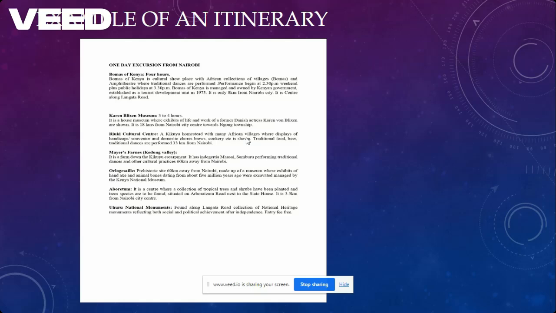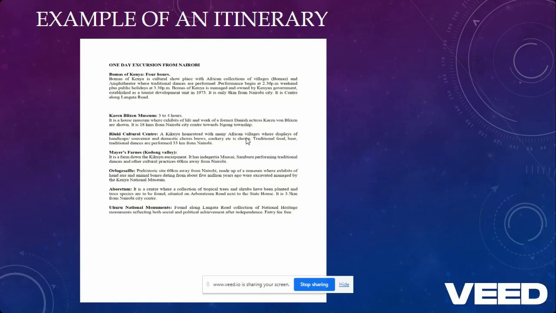And then we have the Ruiru Cultural Center, a Kikuyu homestead with the villages that showcases the culture of the Gikuyu in Kenya. We also have the other place where we headed to, the Kedong Valley or the Mayor's Farms, whereby we have a farm down the Kikuyu escarpment that performs the traditional Samburu and Maasai dances 60 kilometers away from the Nairobi town.